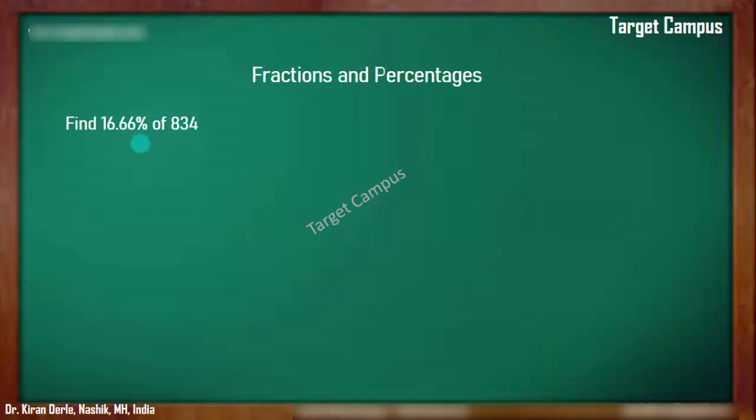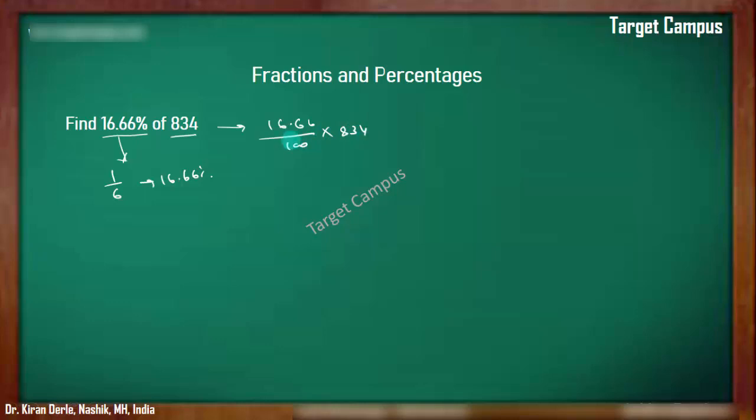Okay, find 16.66% of 834. What is 16.66%? We have seen now 1 by 6 is equivalent to 16.66%. So if we have to do it in the traditional way, we would have written it like this: 16.66% of 834.